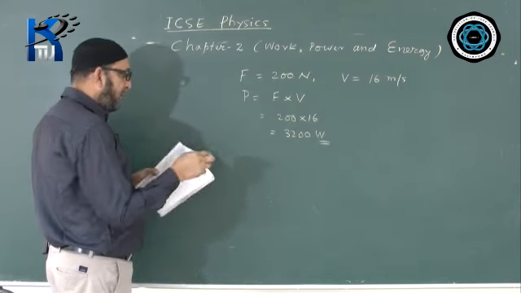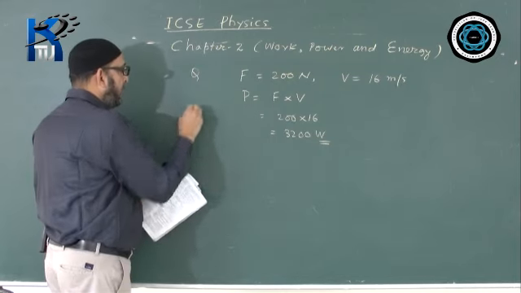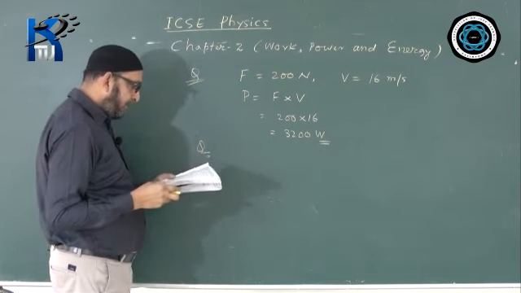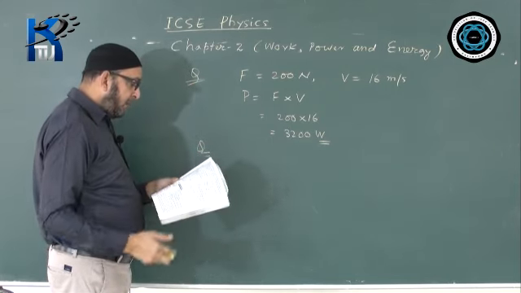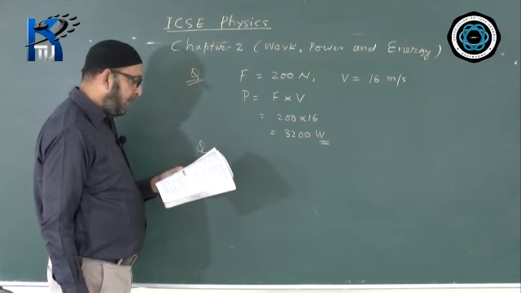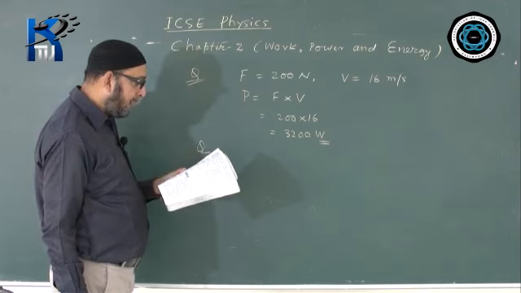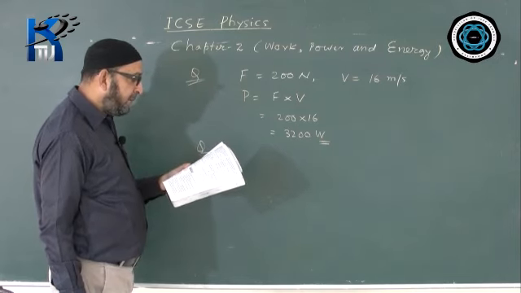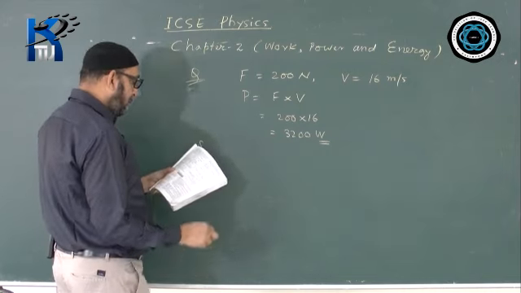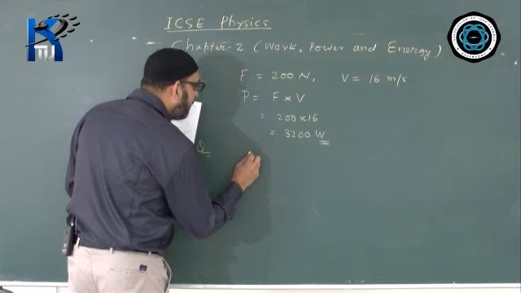Now the next question is over here. It says the work done by the heart is 1 joule per beat. Calculate the power of the heart if it beats 72 times in 1 minute. So power we are finding, and work is given 1 joule per beat.